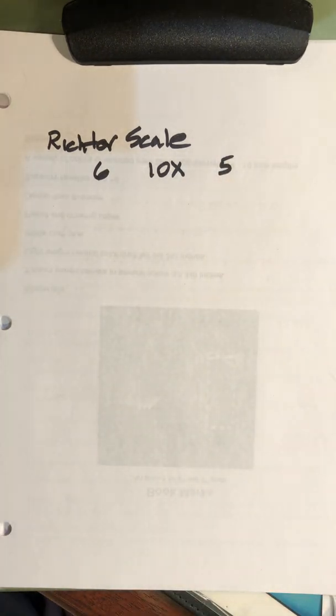Okay, so the key to the Richter scale is that for every unit it goes up, that's really 10 times the lower measurement. So 5 to 6 is a 10 times expansion of the magnitude of the earthquake.